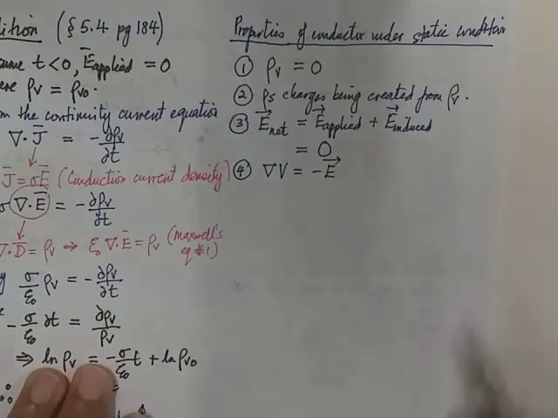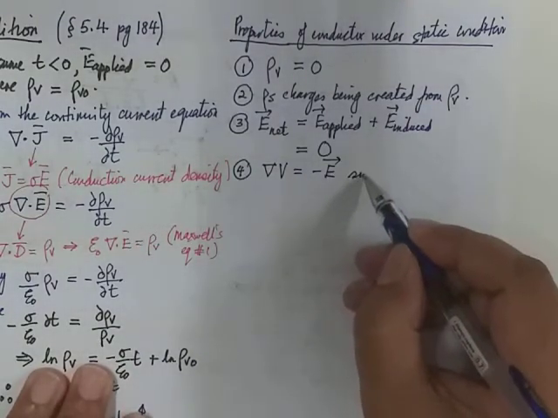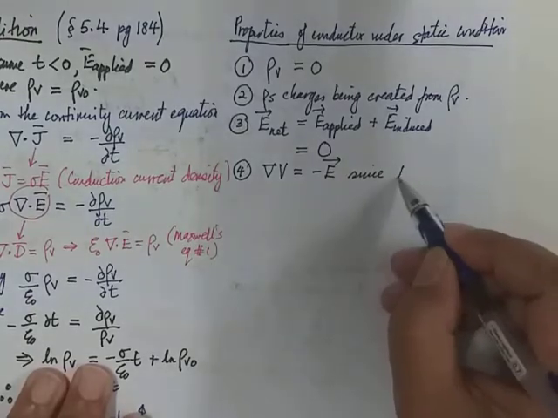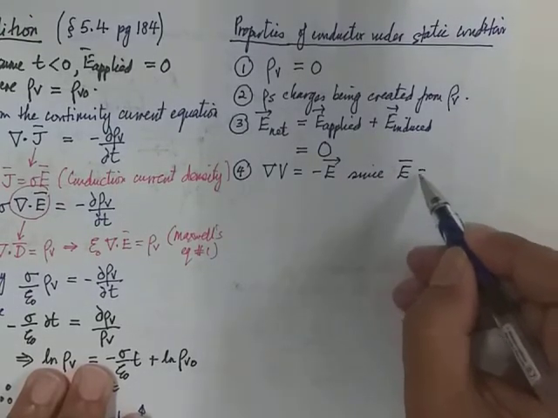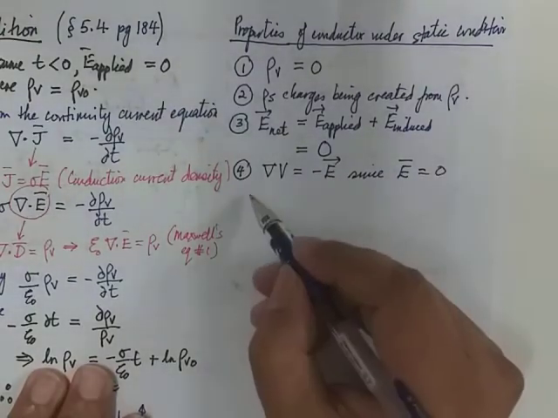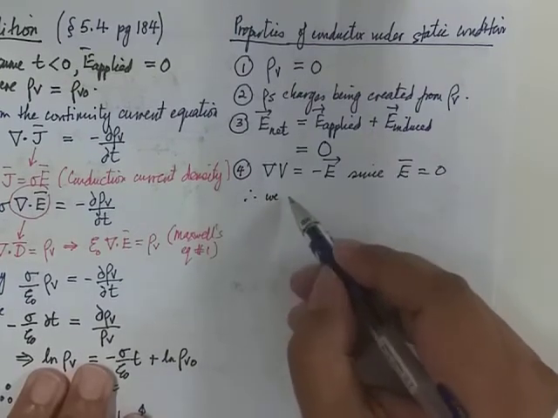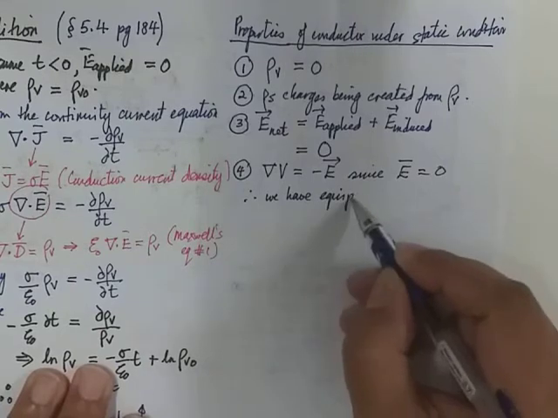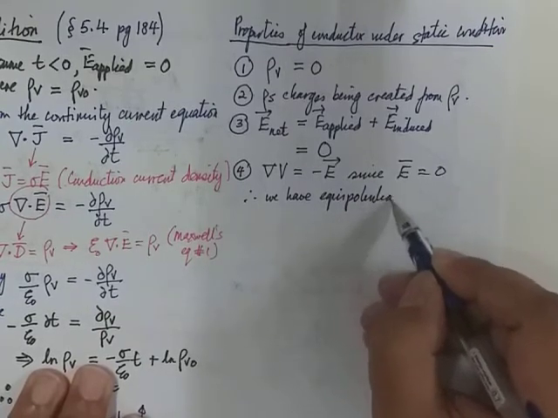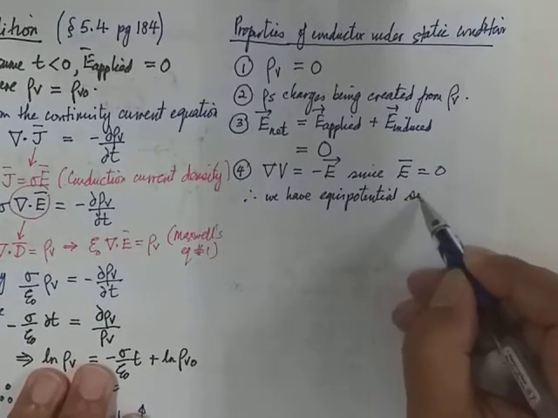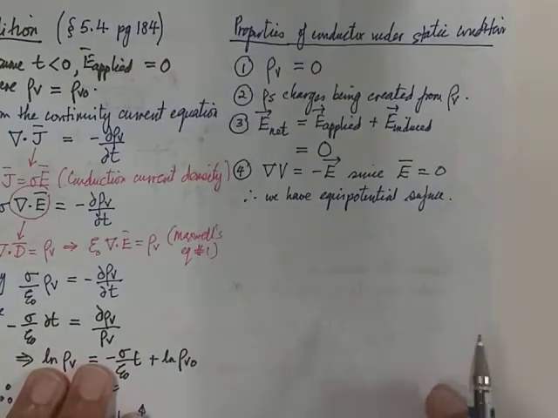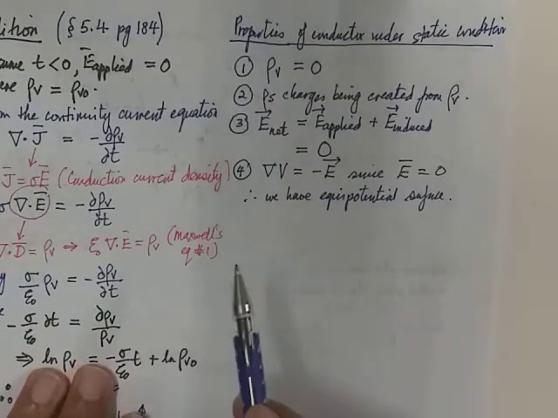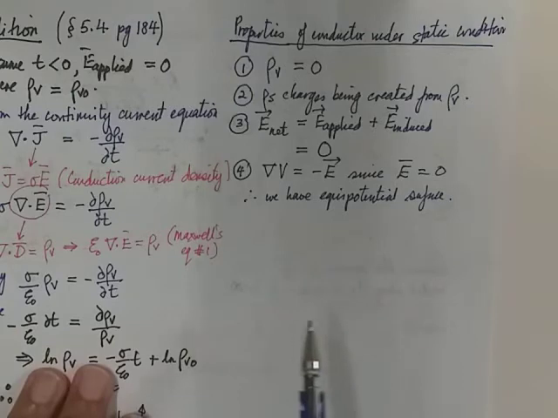Since E is equal to 0, therefore we have an equipotential surface, meaning that the potential on the conductor always remains constant.